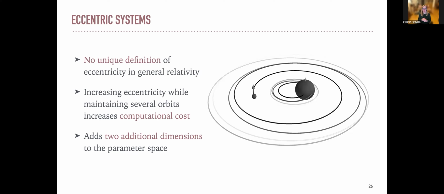And then there's the fact that increasing eccentricity while maintaining several orbits can lead to really increased cost. If you're doing moderate eccentricities, it's not bad. But if you want to do systems that are really eccentric, they come in going very fast, but then out here they're moving very slowly.